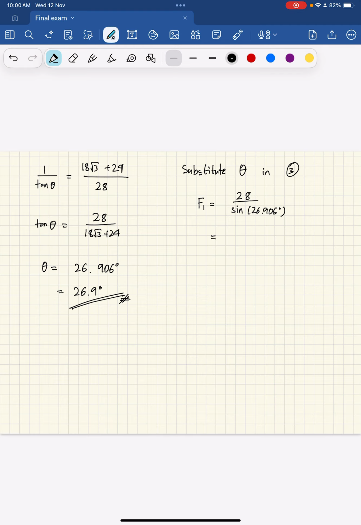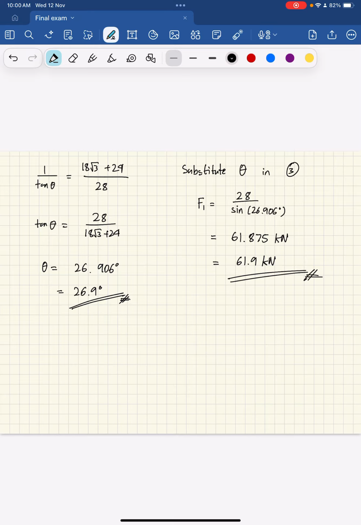How much do we get? 61.875 kilonewton, which is just 61.9 kilonewton, because this is the magnitude they wanted. This is the answer they wanted.